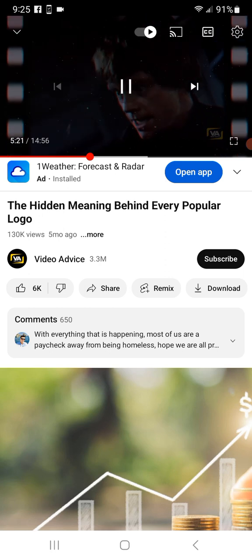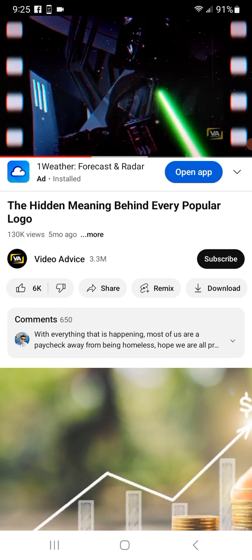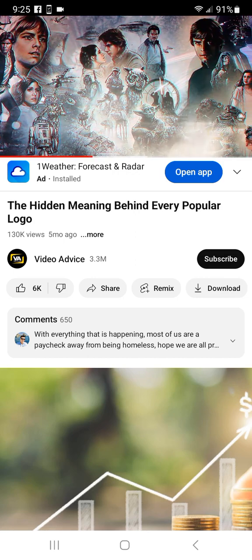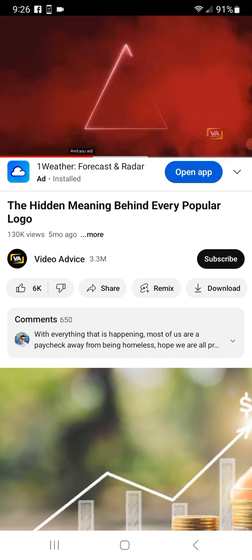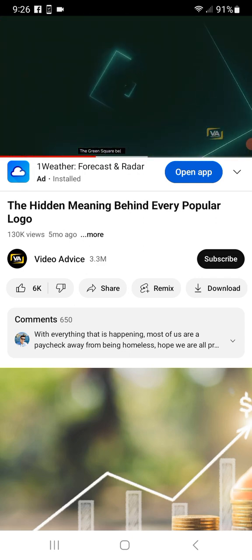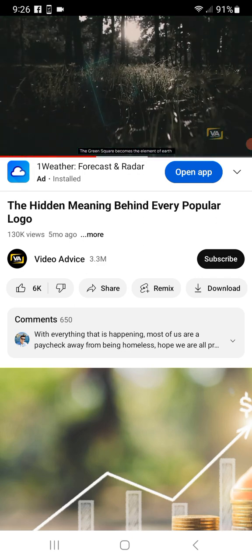Vindicates and validates his father by becoming the son that he has to become. And so the symbolism here is fascinating and amazing. And then you take it one step further and you add elements to these three shapes and three colors. And so the red triangle becomes the element of fire. The green square becomes the element of earth.